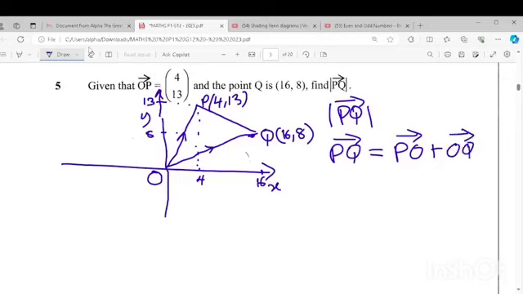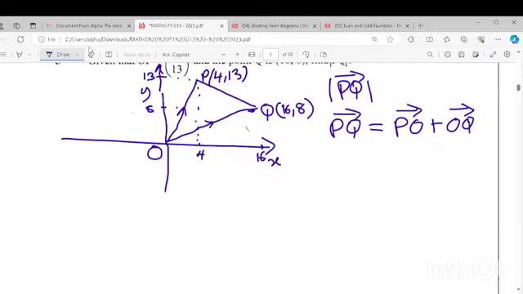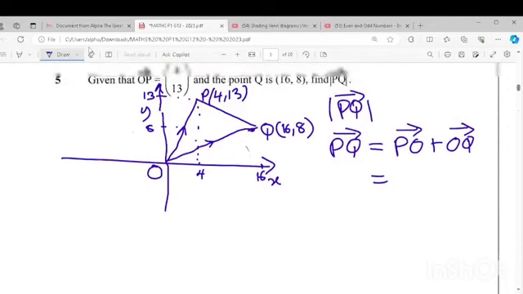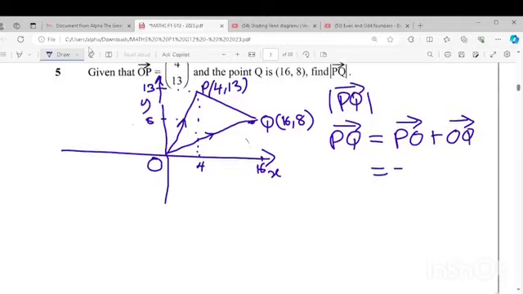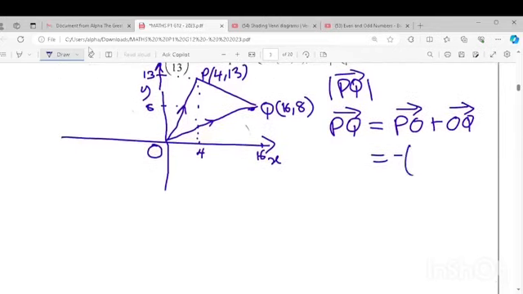This is how you're going to move in order to find the vector PQ. So PO, remember, when you are going along with the direction OP, the vector is positive. But since you're going against the direction, PO, it means the vector is going to be negative.